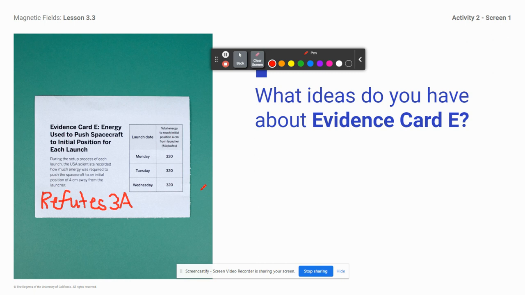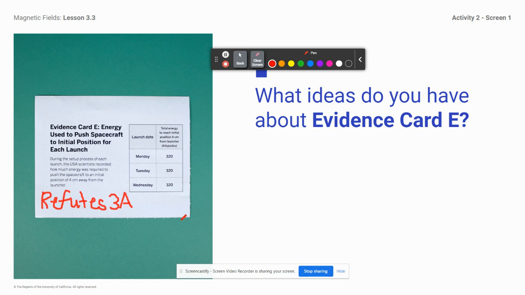Okay. So now when you're connecting a piece of evidence to a claim, you want to make sure that you're explaining why the evidence matters to the claim. And so when I had written down over here that the initial energy was the same each day, that's connected. That's telling why it matters for 3A. So in this case, again, the evidence shows all 3 tests were the same. The energy required to push the spacecraft to initial position of 4 was the same.